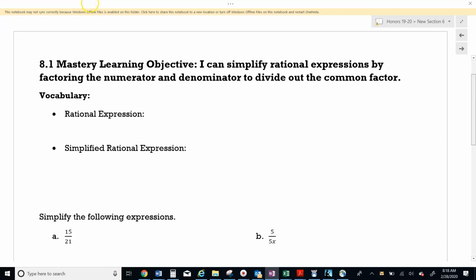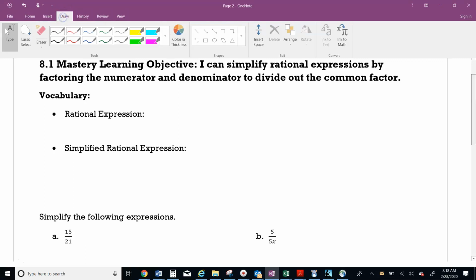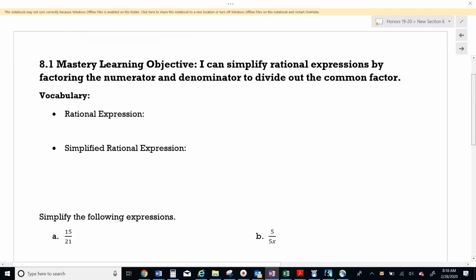So a rational expression is, well, the word rational means fraction.